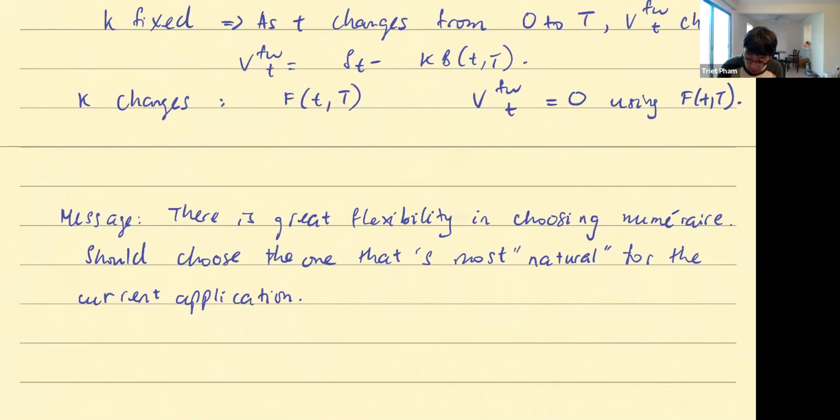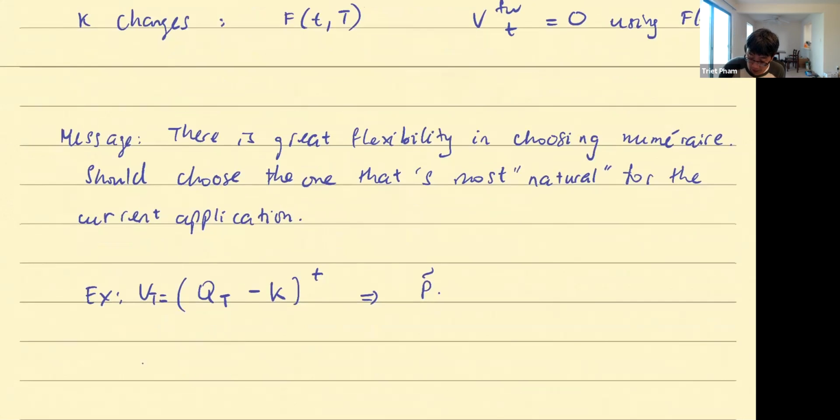One example is this: suppose that Q_T is the exchange rate. So this is the call option on the foreign currency. Then the most natural is P tilde, the domestic currency, the point of view of the domestic currency.